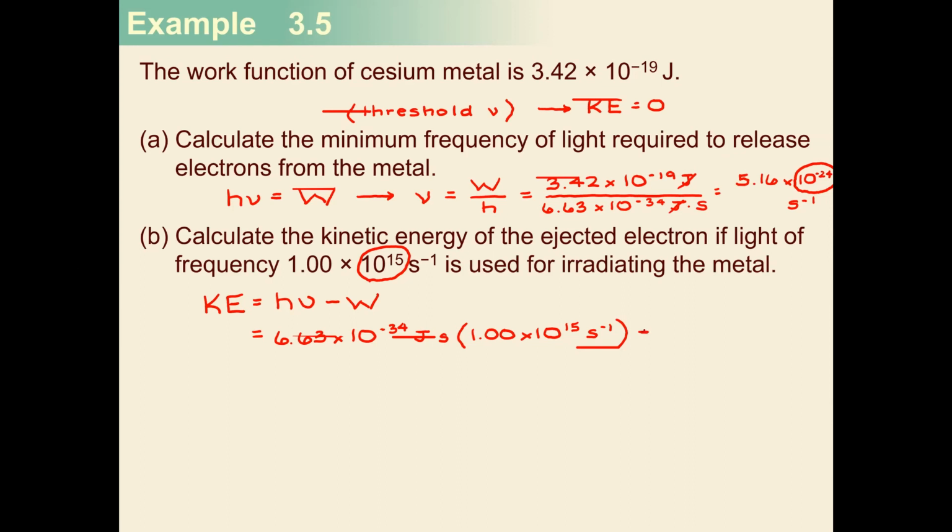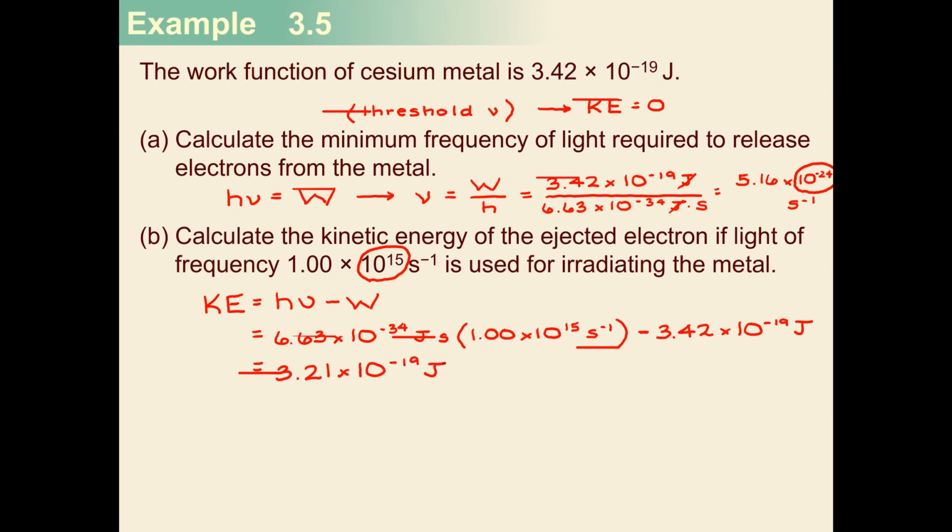And we are going to subtract the work function, which is 3.42 times 10 to the minus 19th joules. If I put all of that into the calculator, you will see that I get a kinetic energy of 3.21 times 10 to the minus 19th joules.